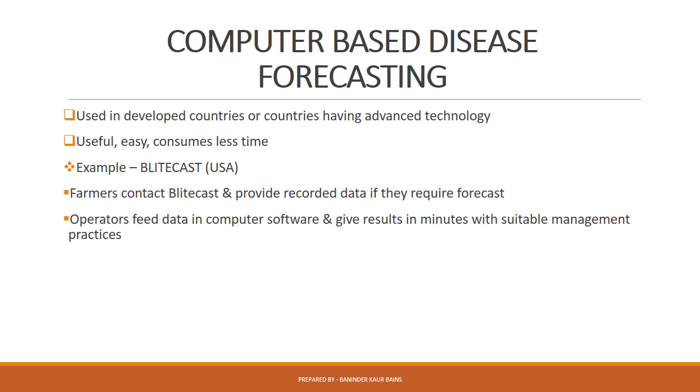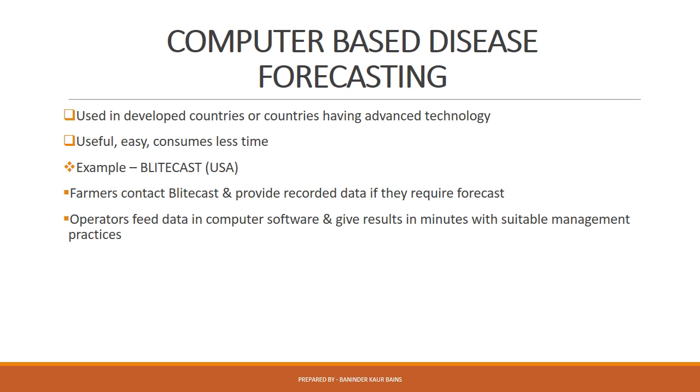It is used in USA. It is for the potato blight, and if American farmers require the forecast for that particular disease, then they contact the Blightcast and they ask the farmers for the data needed, which is discussed in the next slide. So the farmer needs to record data related to the maximum temperature, minimum temperature, humidity and rainfall.